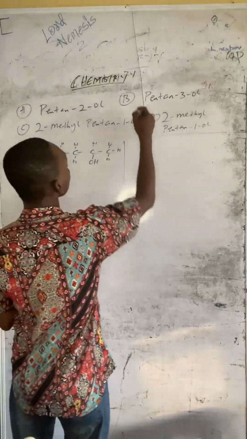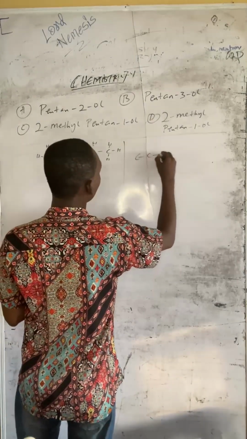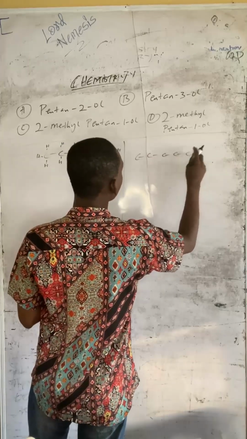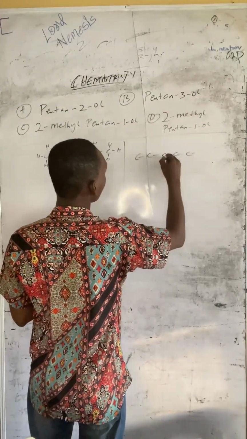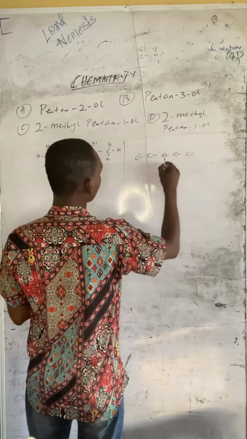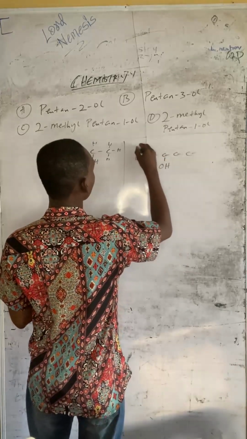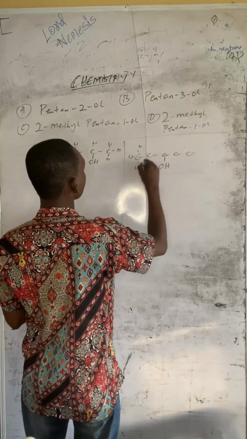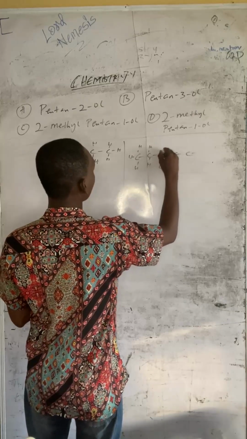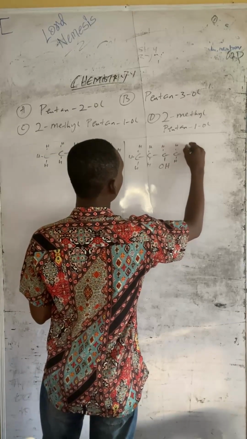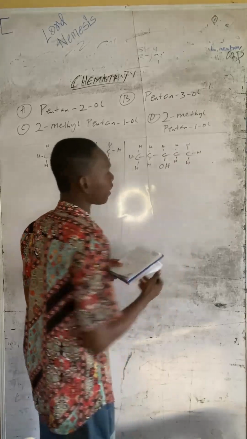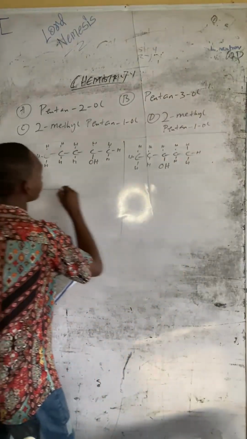The second one, pent also 5 carbons, 1, 2, 3, 4, 5, and the OH group is attached to the third carbon, with hydrogen filling all other positions to complete the tetravalent nature of carbon.